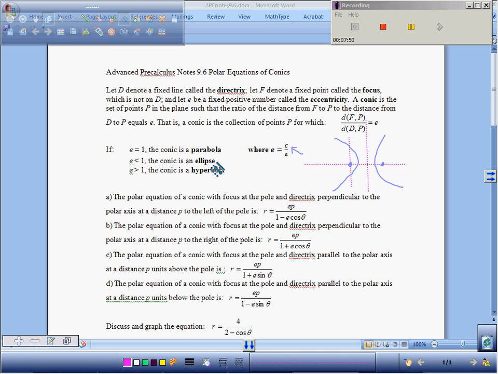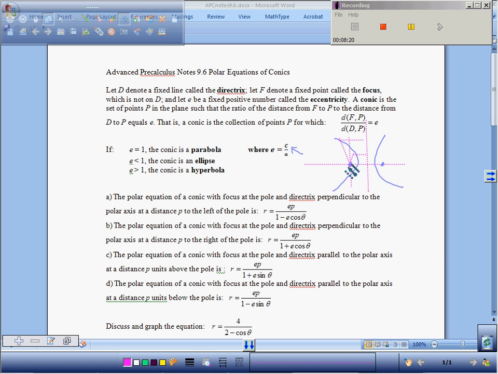But with a hyperbola, the distance from here to here over the distance from here to here is always greater than 1. And so the eccentricity for a hyperbola is always bigger than 1. So let's see how that could be true. Over here, this line over this line is always bigger than 1.